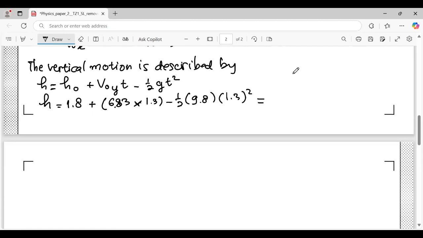If you calculate, the result is 2.388, rounded to 2.4 meters. This is the height.